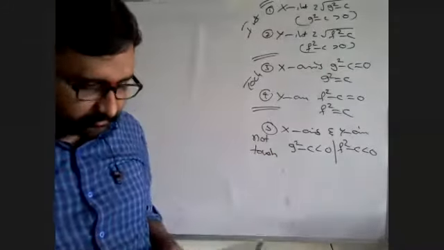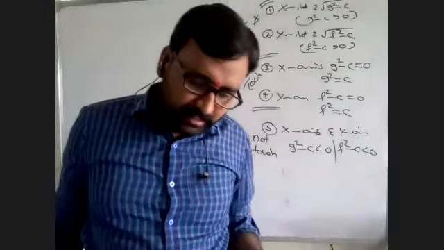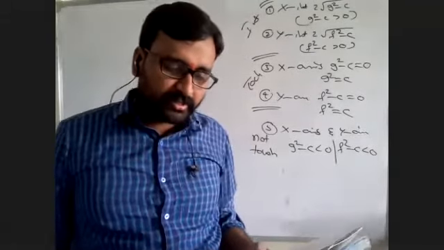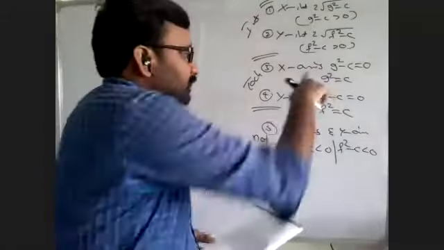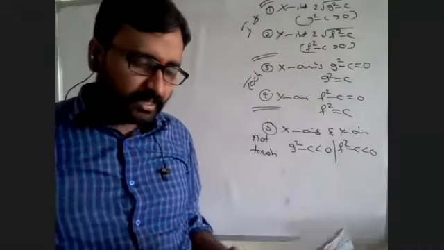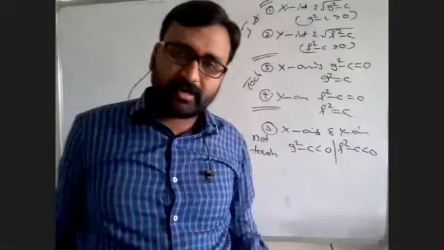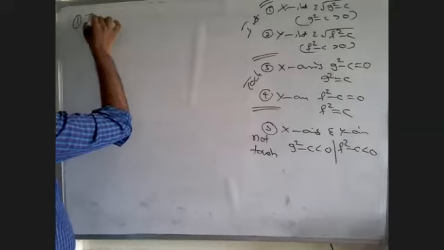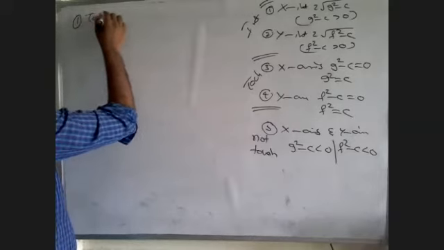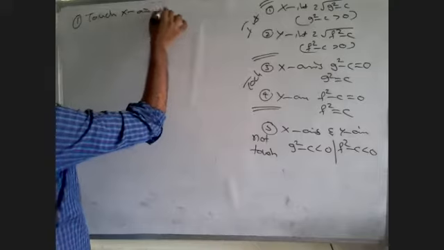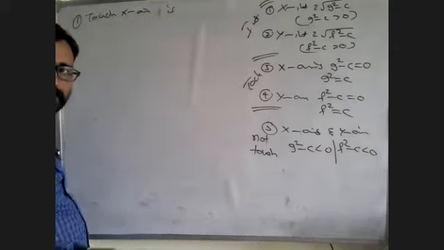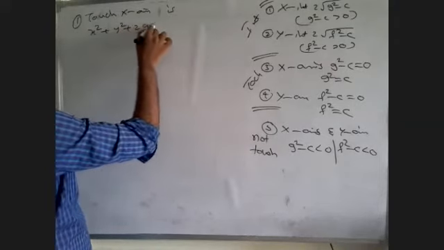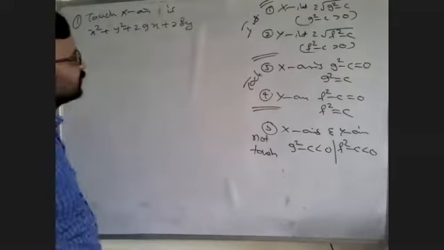Now what I am telling you is the equation of the circle. If it touches the x-axis, then g square equals c, and the equation of the circle is in the form x square plus y square plus 2gx plus 2fy plus c.